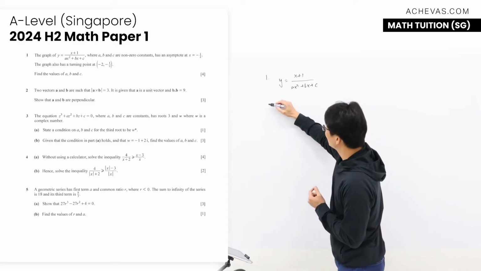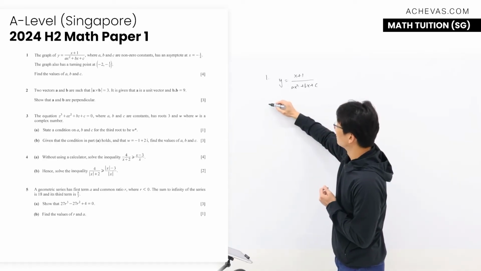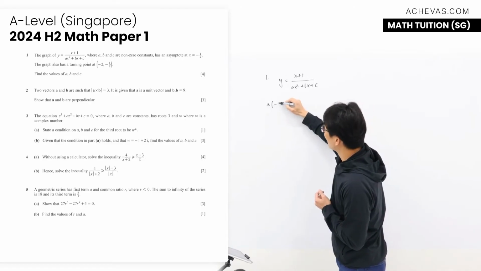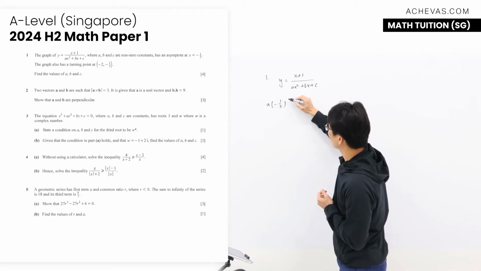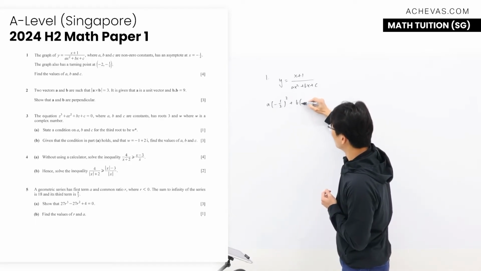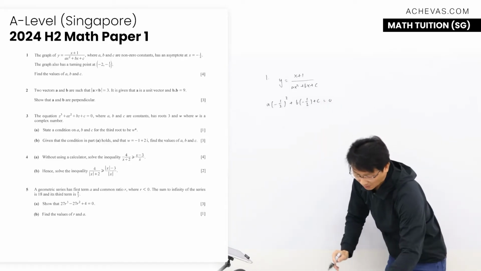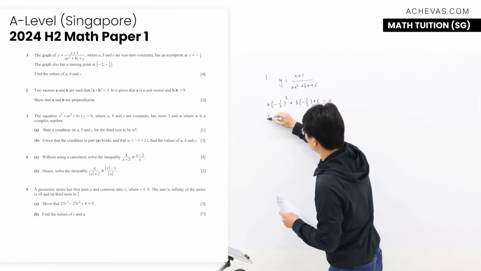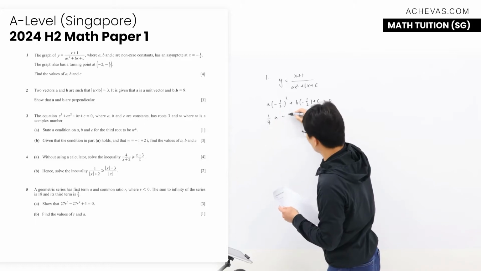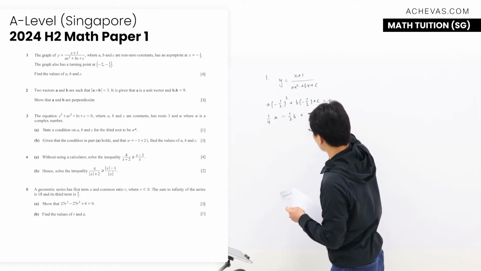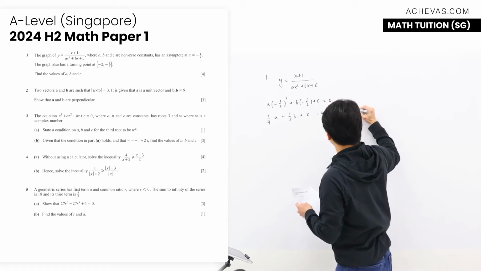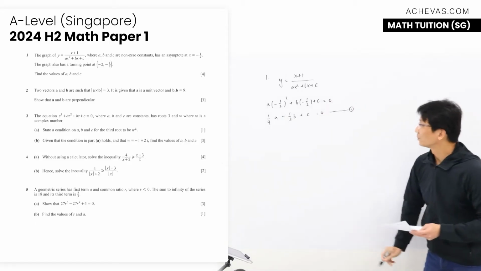I will know that since x equal to minus half is the vertical asymptote, if I sub x equal to minus half into the denominator, I will be getting equal to 0. And here, let's do a bit of simplification. We have 1/4 a minus half b plus c equal to 0. I will call this equation 1.